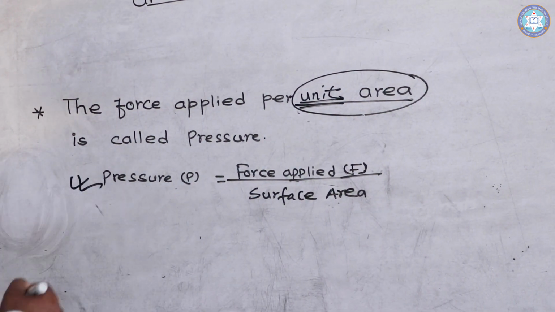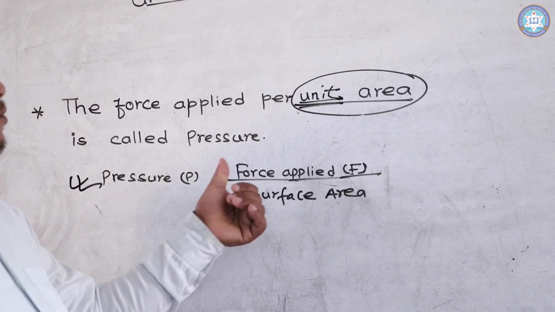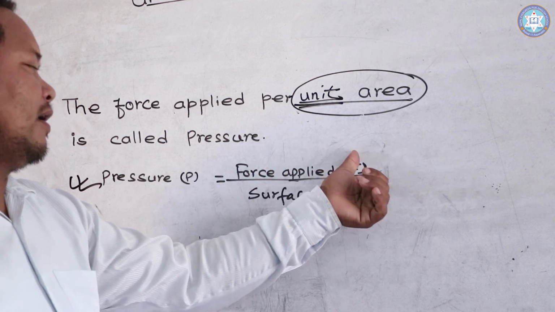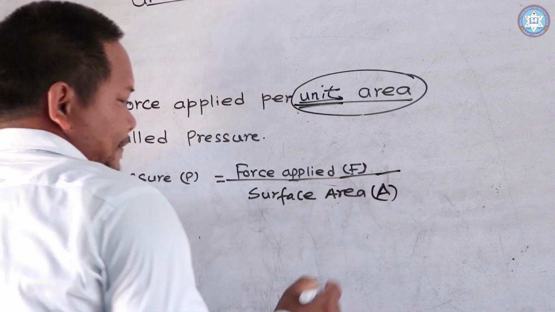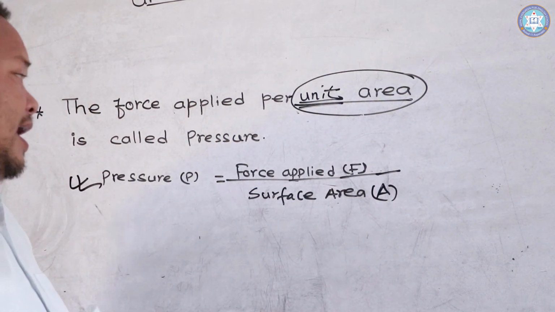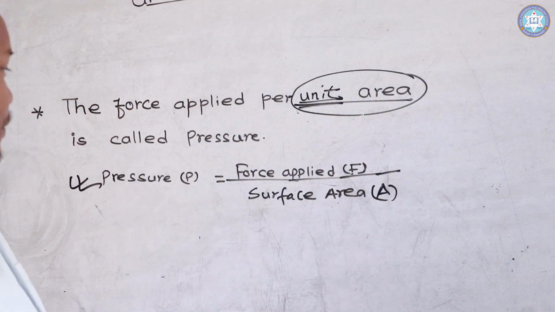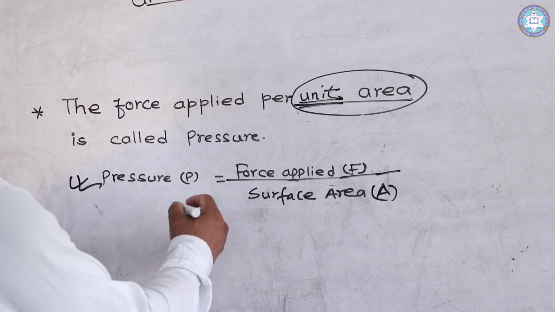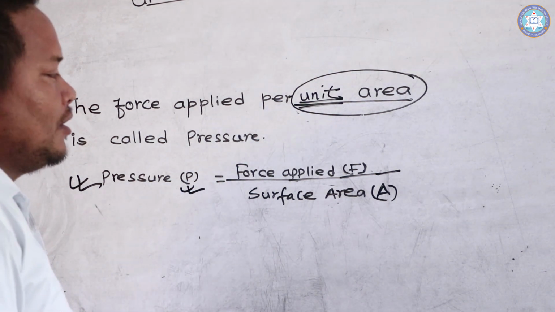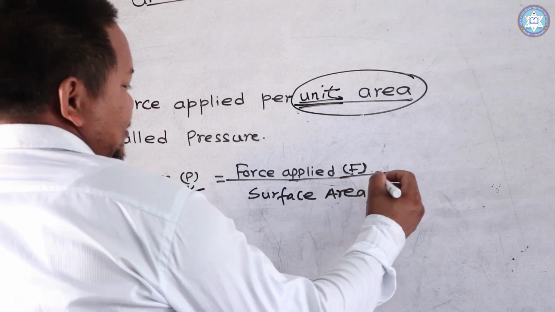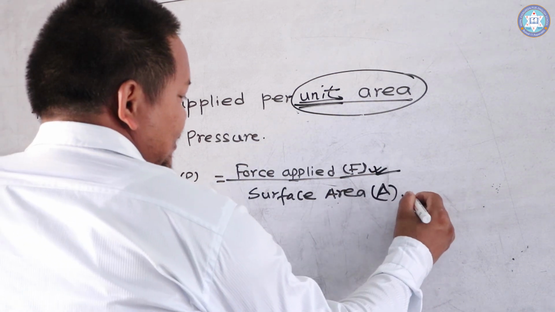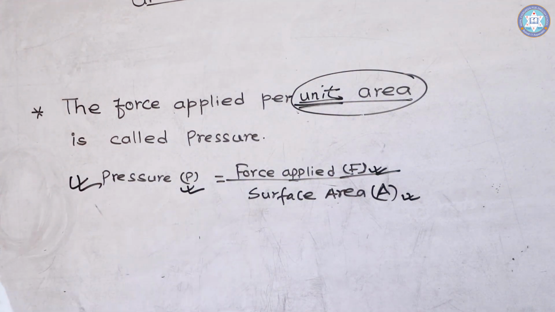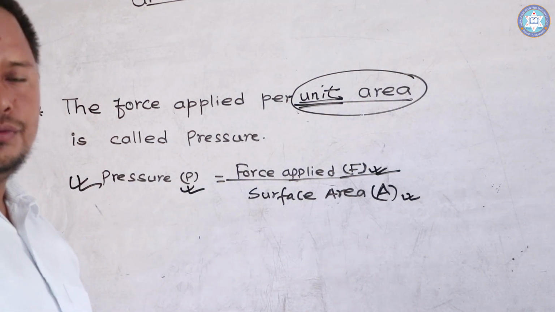Mathematically, pressure P is equal to force applied F upon surface area A. Okay, this is the formula, and you know this pressure depends on two factors. This is the force applied F and surface area. How?